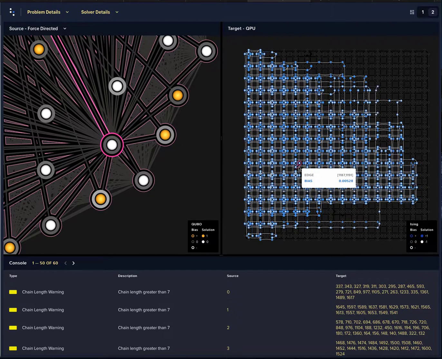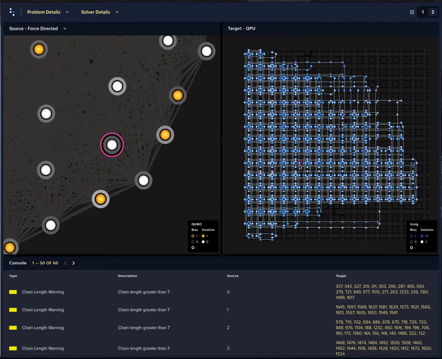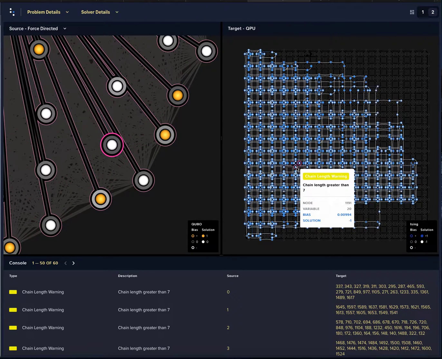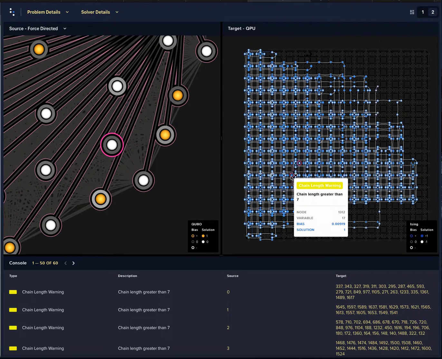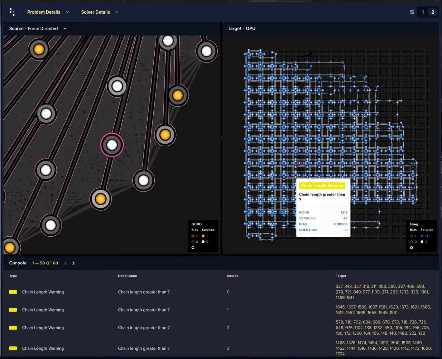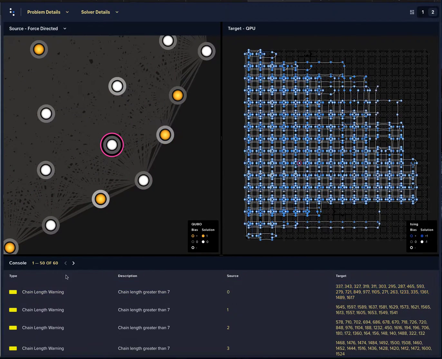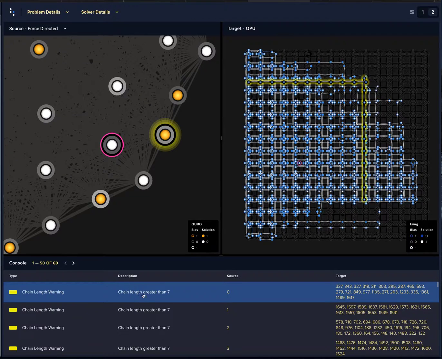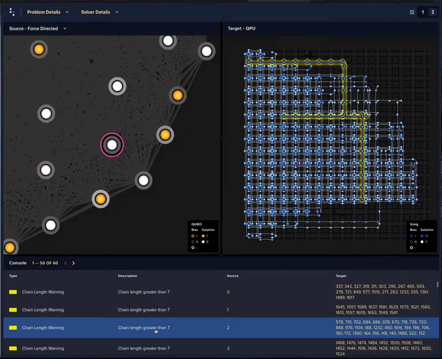Okay, so there's a qubit. It is connected to, it looks like, one other qubit, just a few, maybe a couple. And then you keep looking through and you see all the qubits that have these enormous sets of connections. These are all the warnings that you get. Chain length warning, chain length greater than 7. And here's your target.